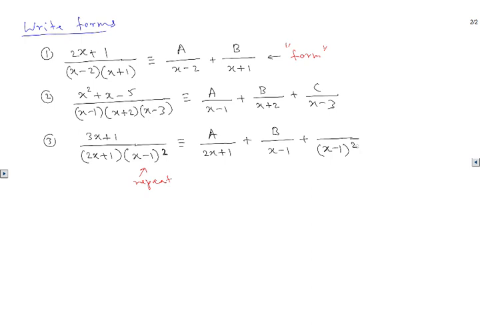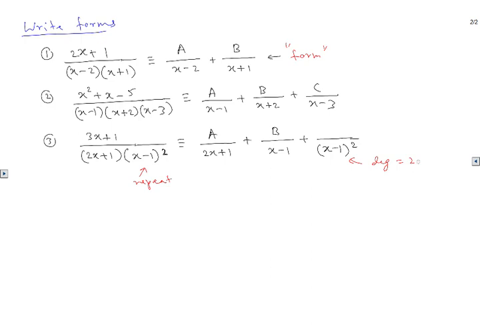Even though the degree of the denominator is 2, we don't follow the general pattern. The general pattern is that the degree of the numerator is 1 less than the degree of the denominator.